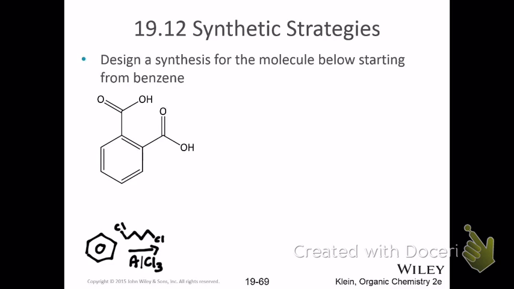Turns out the product you'll get from this, and I'll do this in a different color so you can see it better, is that. But not the ring, not the circle in the middle. It's a ring, but it's a Friedel-Crafts reaction. This goes to here, and then this goes to there.